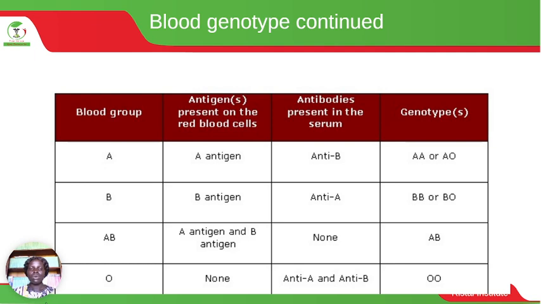Then the person who has blood group O has in his blood a combination of O and O, which is what gives him blood group O.